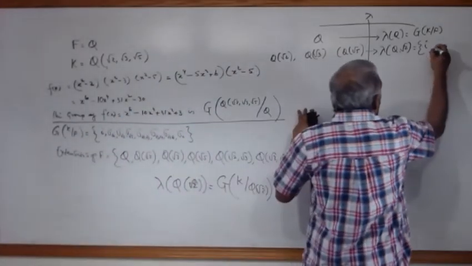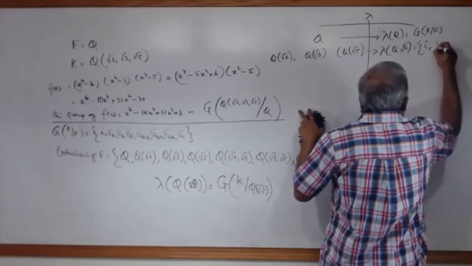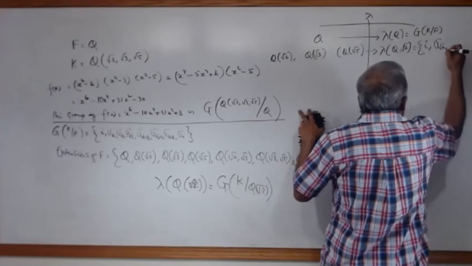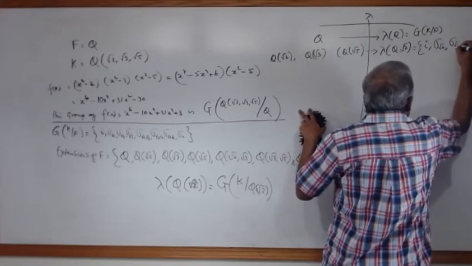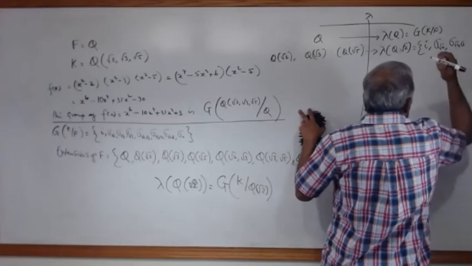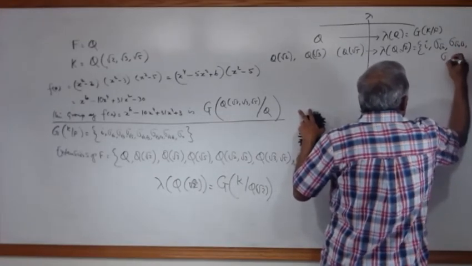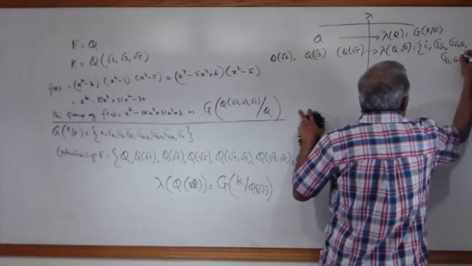Then sigma root 2, because that is going to fix Q root 2. Then next one is sigma root 2 comma root 3 and sigma root 5 comma root 2.